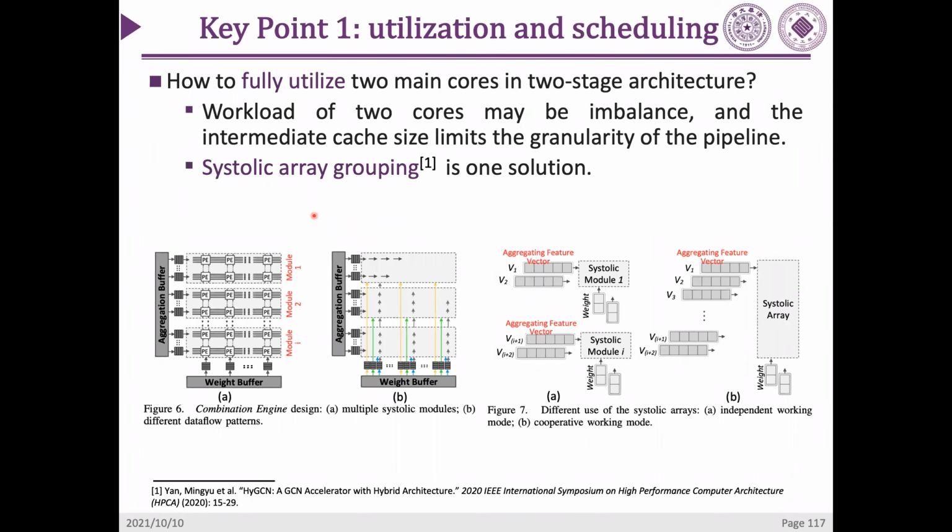So how to improve the utilization of the 2 cores if you have a 2-stage architecture? HyGCN proposes that the systolic array can be designed to be more flexible and support different granularity working modes so as to increase the flexibility of scheduling and balance the resource utilization.